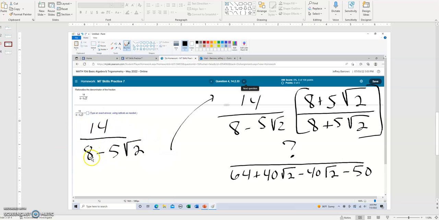But again, when we rationalize a radical expression, we don't want the radicals in the denominator. So that will be the step that you go through when you get into these rationalize the denominator sorts of problems. Just make sure that you're clear on what the conjugate will be in each case.